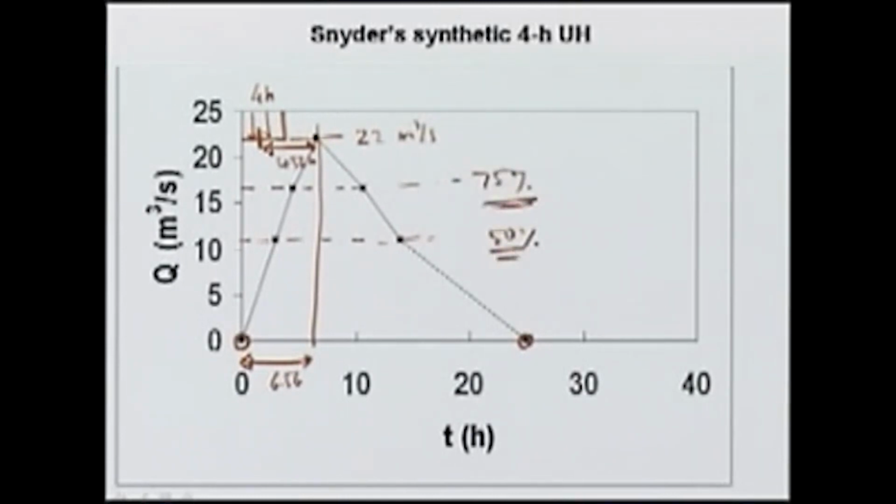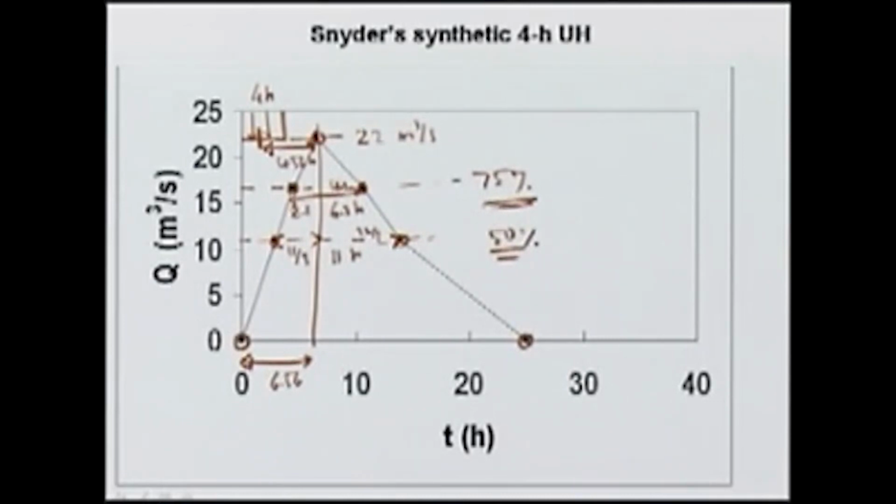We know that this total width is 11 hours and this is 6.3 hours. One third of 6.3, which is 2.1, goes here and 4.2 goes here. So, knowing the peak, we can obtain these two points. Similarly, from the peak, 11 by 3 here and 22 by 3 here. So, we can obtain these.